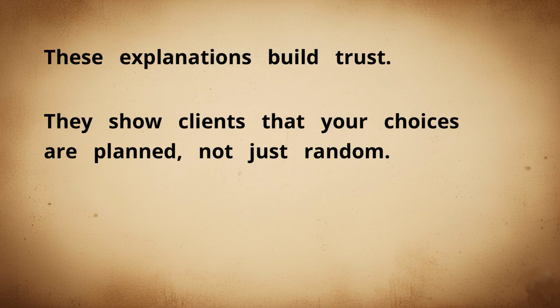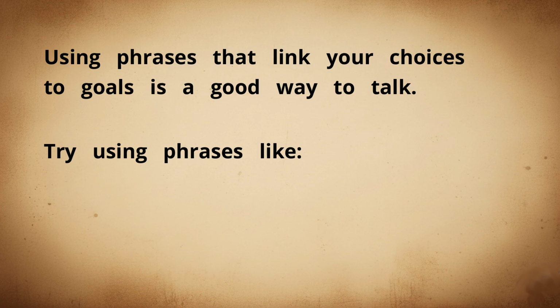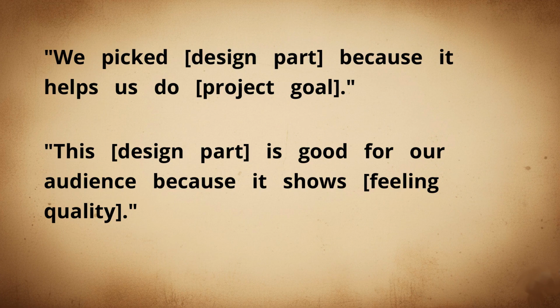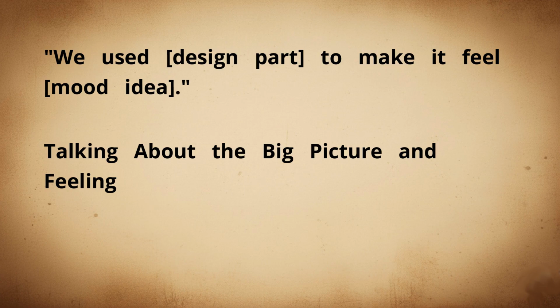These explanations build trust. They show clients that your choices are planned, not just random. Using phrases that link your choices to goals is a good way to talk. Try using phrases like, "We picked design part because it helps us do project goal." "This design part is good for our audience because it shows feeling quality." "We used design part to make it feel mood idea."